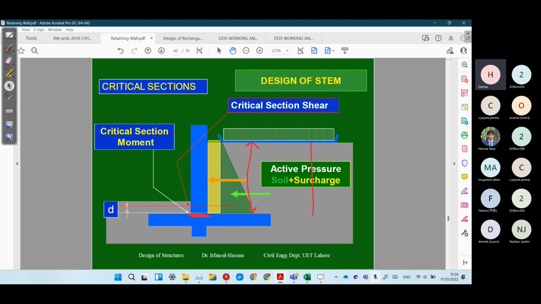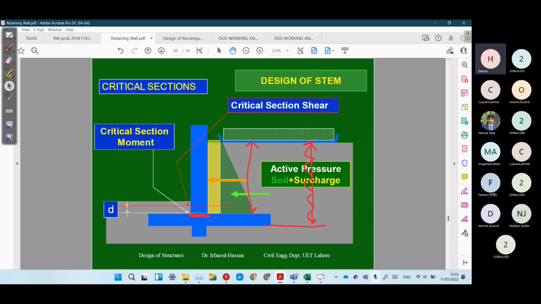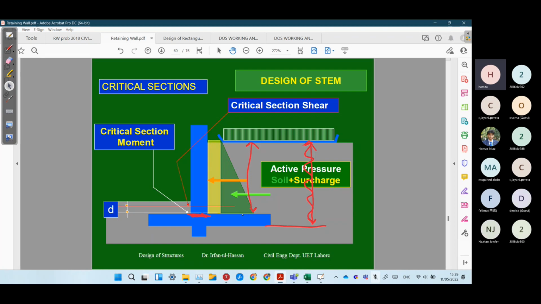Previously, if you remember, we took the loads up till the bottom of the retaining wall. But now in this case, we are only going to take the load up till the top face of the stem. So for the moment, we take the loads up till the top face of the stem.